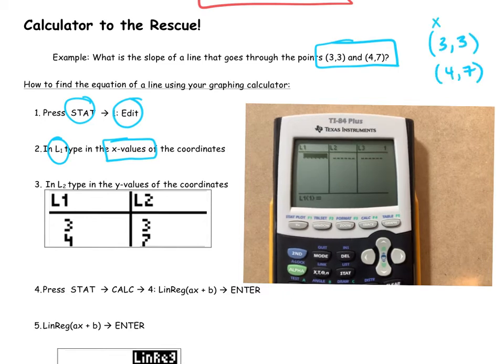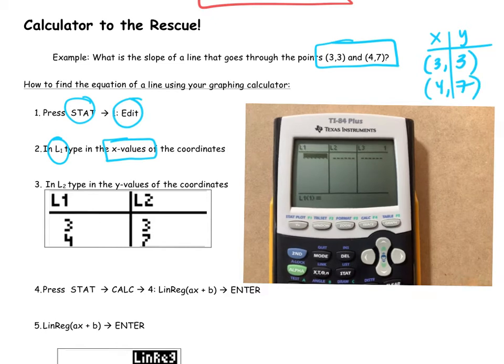Okay, where here are my x values, and here are my y values. So in L1, I'm going to type, and you know what, let me make this actually a little bit clearer for us to read. Okay, so we have x, y, and I said we're making those points 3, 3, 4, 7.